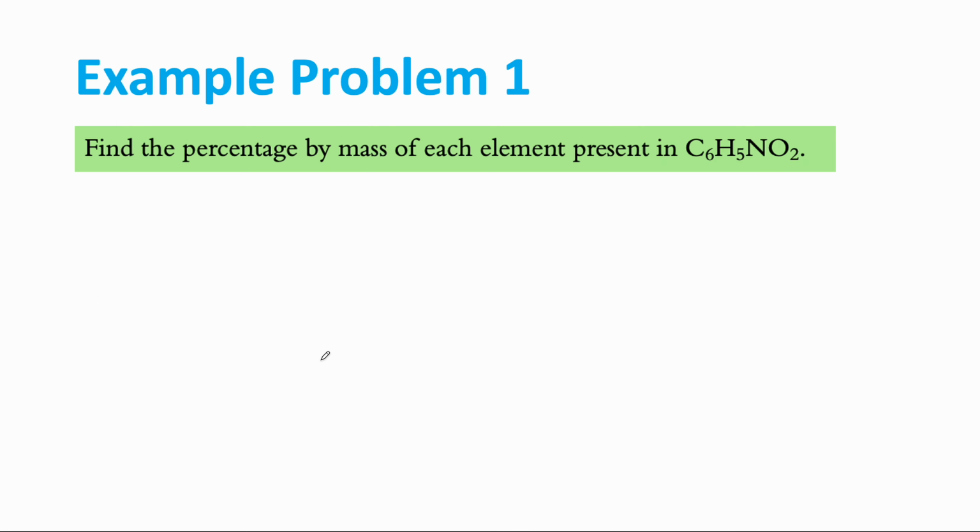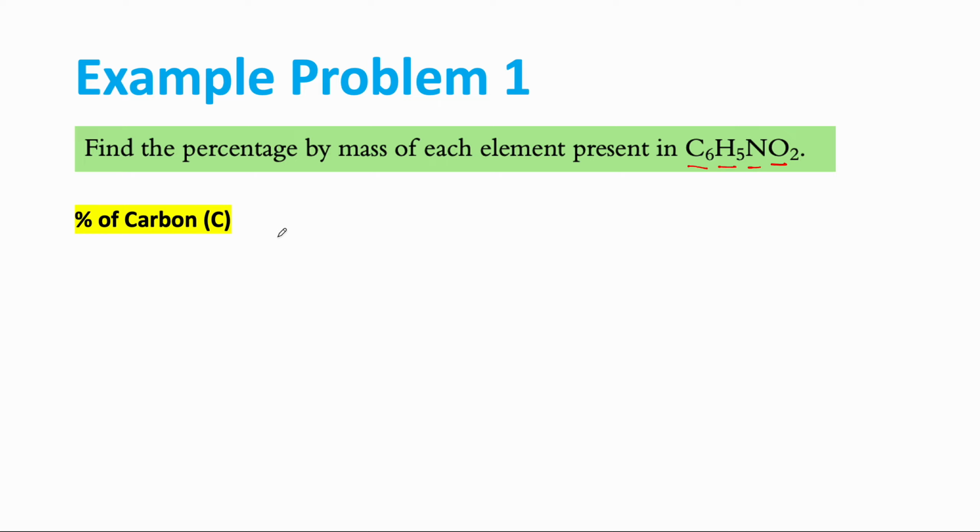Our second step now is to calculate the percent composition of each of these elements. So we have carbon, hydrogen, nitrogen, and oxygen. To start with carbon, to find the percent of carbon, we have to recall the formula from before, where the percent mass of an element is the number of atoms times the relative atomic mass over the relative molecular mass.